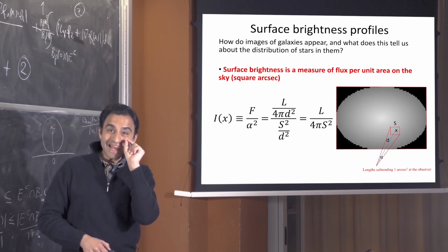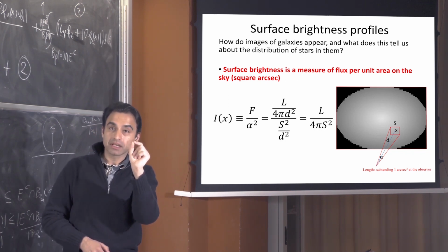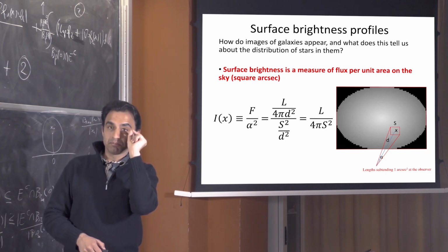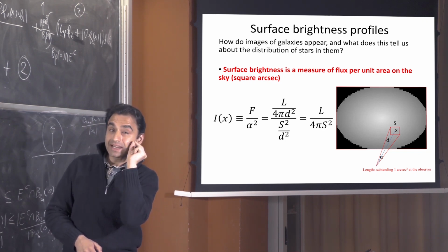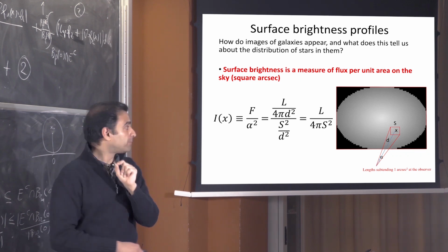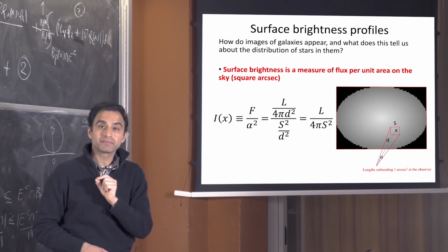So this is the intensity coming, so the energy per unit time, per unit surface area, coming from a point x on the image.